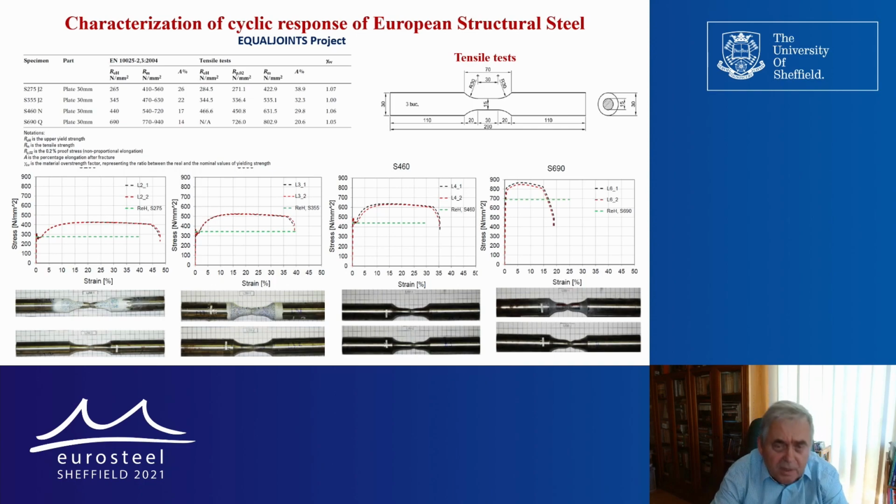In the equal joint project, which was one of those I presented before, a project funded by the European Union, dedicated mainly to beam to column connections in dissipative seismic resistant structures, one of the chapters has been devoted to this problem of investigating the low cycle fatigue performance of European steels.